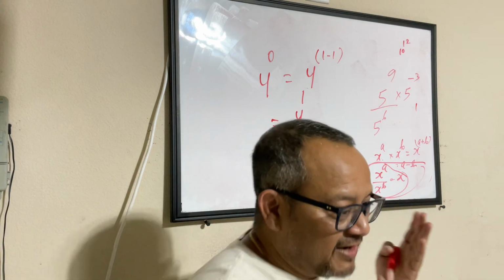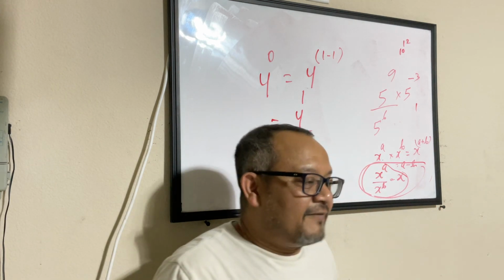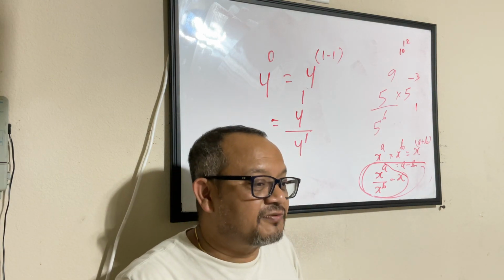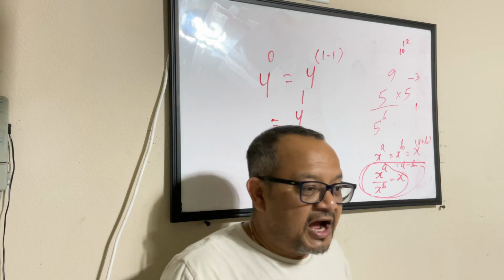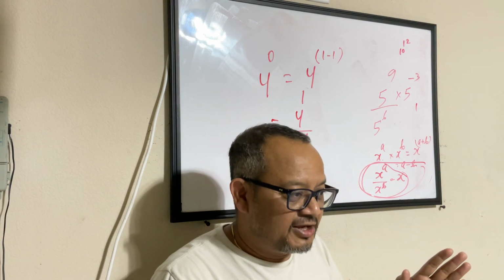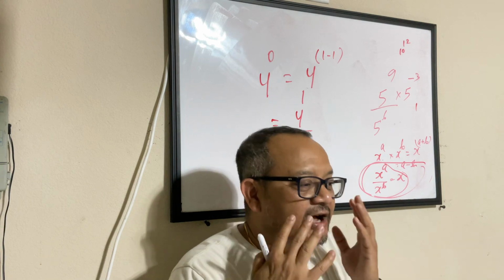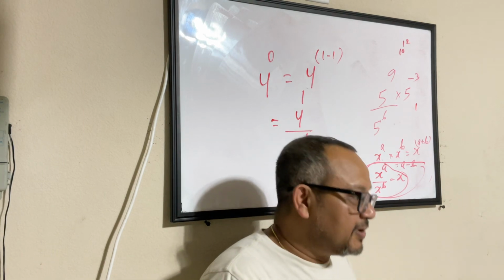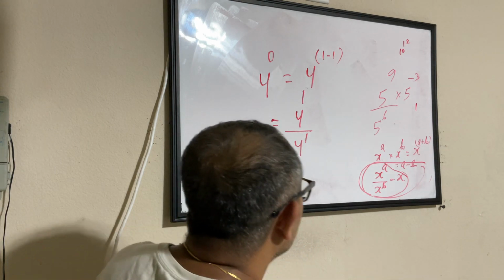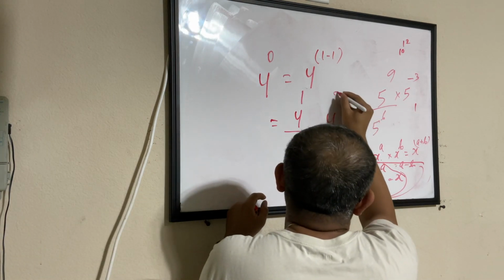And you can literally play with this. When I'm giving you guys problems to solve, I'm not trying to give you any stress. I'm not trying to prescribe any blood pressure medicine for anybody. I'm trying to ask you guys to play with math. If I'm saying 4 to the power 0 is 4 to the power 1 minus 1, you can say, okay, I can also say 4 to the power 3 minus 3.